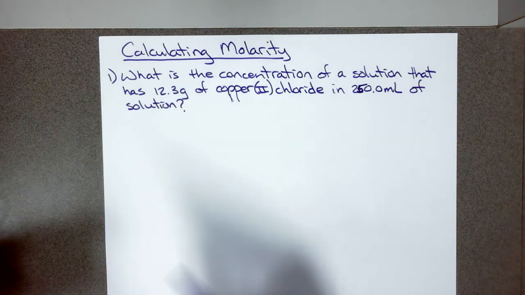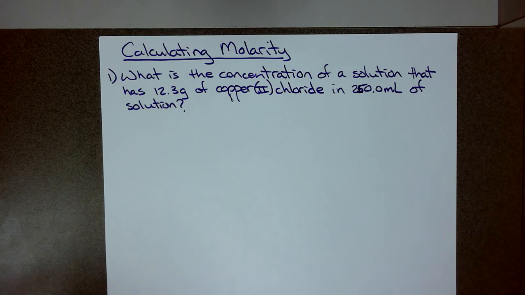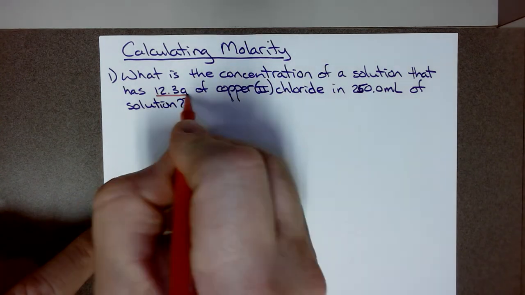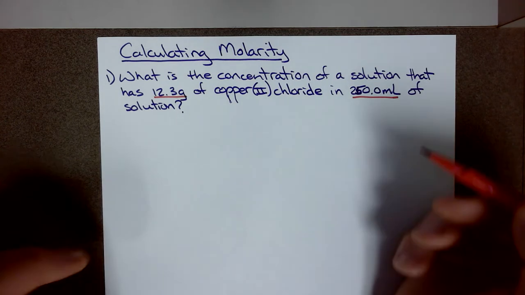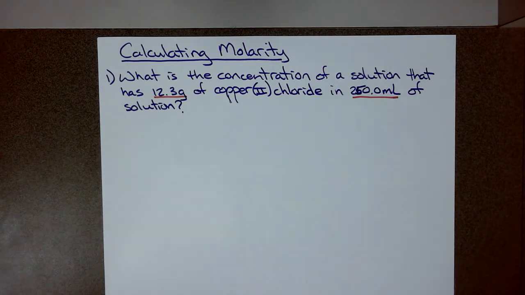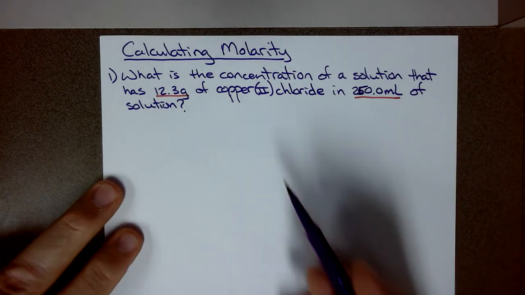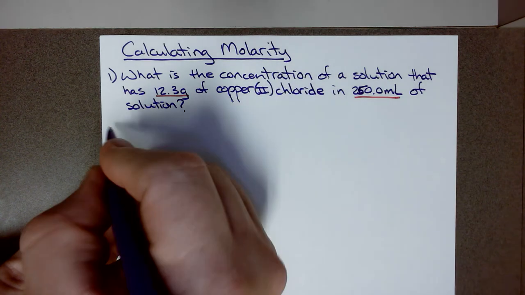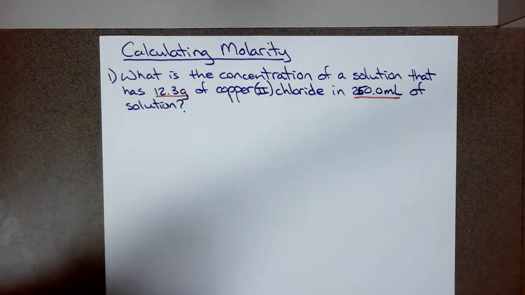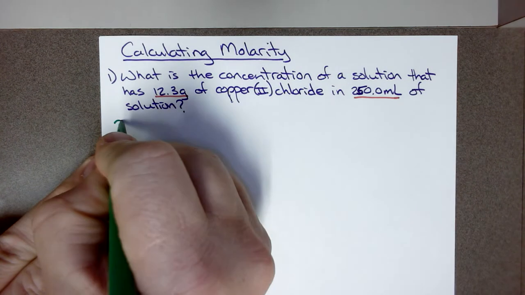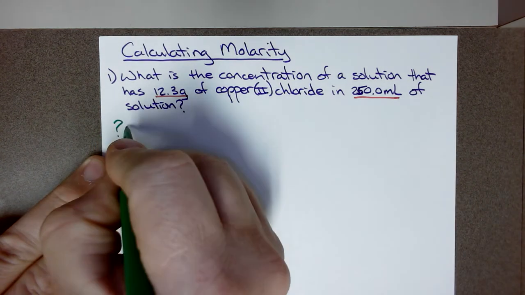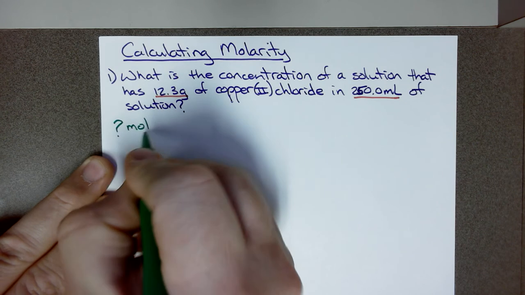Okay, so if you notice here, we have a mass of copper 2 chloride and we have a volume of solution, and concentration is in molarity. Now, when I do a problem like this, I'm thinking, okay, I want to know the concentration, but really concentration is looking for moles per liter.